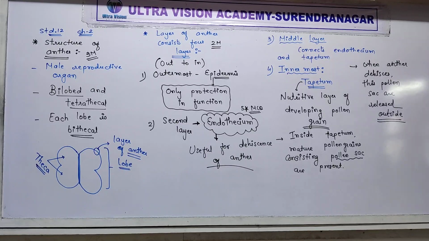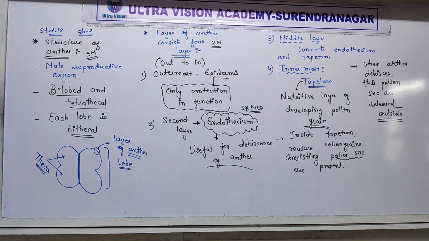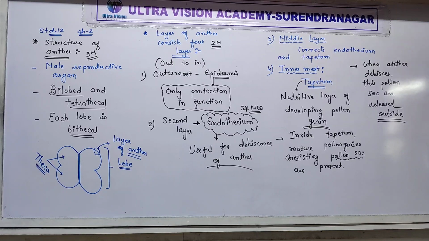That is known as dehiscence of the anther, and then pollen sacs are released outside of the anther, and they contain the mature pollen grains. So if you see the datura flower, when you open the datura flower, at that time you see dust-like particles. So many pollen grains are present over the anther or over the corolla.